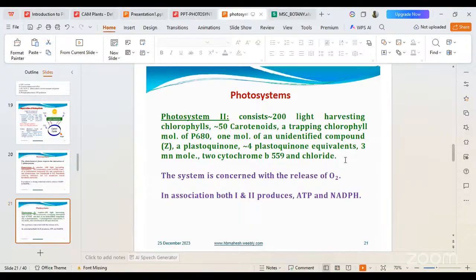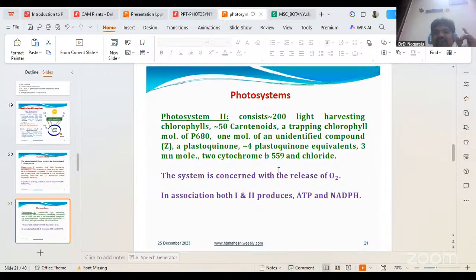And then plastoquinones and cytochrome B6 and F. Here in photosystem 2, water molecules split into oxygen and protons. PS1 and PS2 combined cause the production of ATP and NADPH.